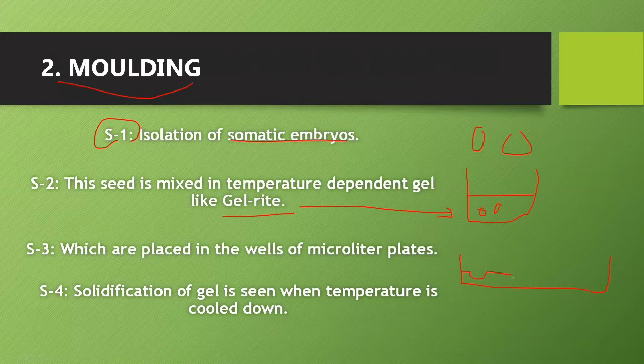So these are the somatic embryos. If a somatic embryo is kept here, into the plate, they have molds, and then gel-rite is added onto that. Then solidification of the gel is seen when the temperature is cooled down, as the gel-rite used in the process is temperature dependent.